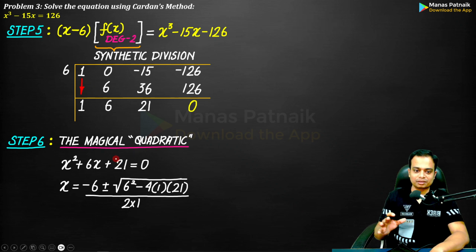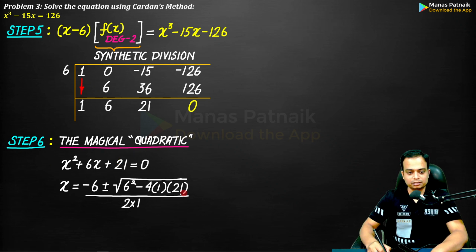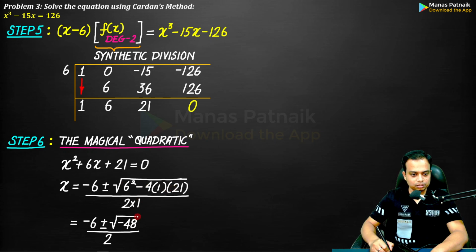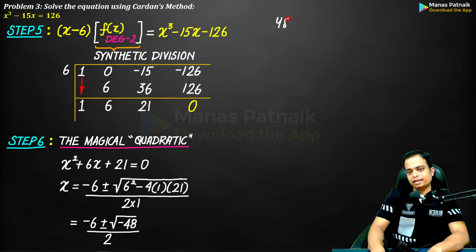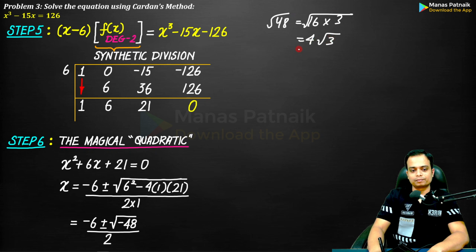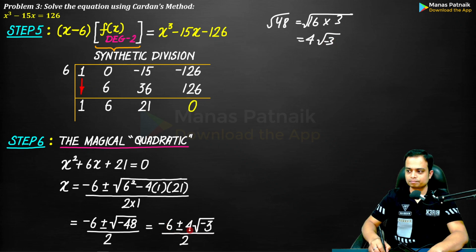No, what am I saying? 6 square, that is 36. Minus 21 into 4, that is 84. This is going to give you minus 48. So 48 basically can be written as 16 into 3, root of 16 is 4. So this is going to be 4 root 3. Again, there is going to be a negative sign.